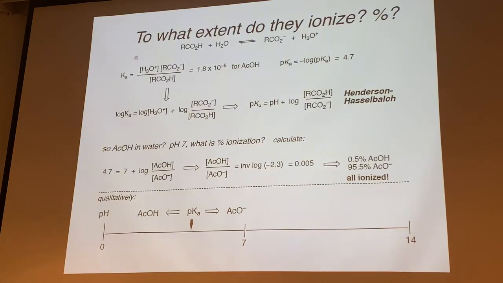Well, we can rearrange this general equation to this expression. This is called the Henderson-Hasselbalch equation. It looks intimidating, but all this is taking the log of both sides. See, log Ka, log hydronium ion, that's in the numerator. And then the ratio of carboxylate to neutral acid, the log of that ratio.